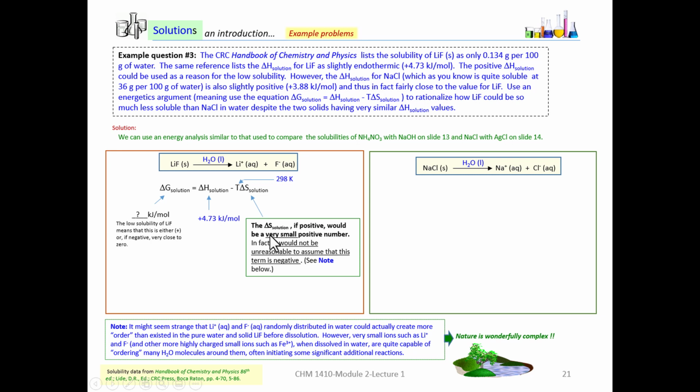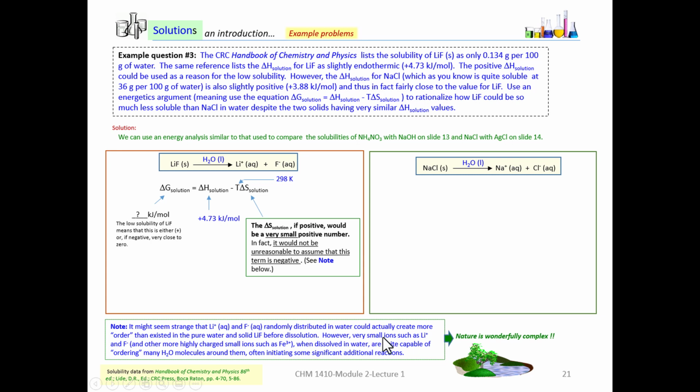Well, how could delta S here be negative? In other words, how could order be created? We alluded to this earlier when we talked about cerium sulfate. And again, it might seem strange that lithium ion and fluoride ion randomly distributed in water could actually create more order than existed in the pure water and the solid lithium fluoride before solution.